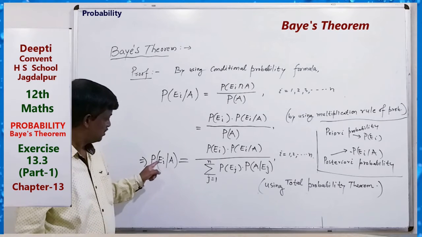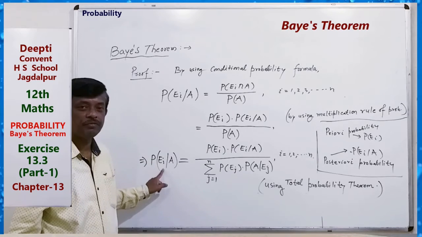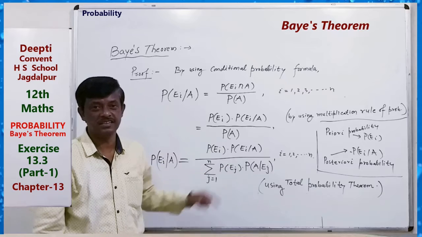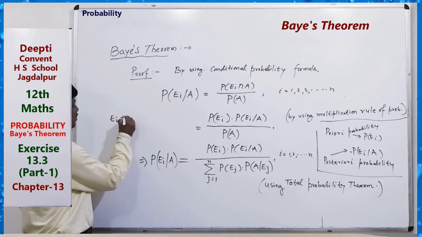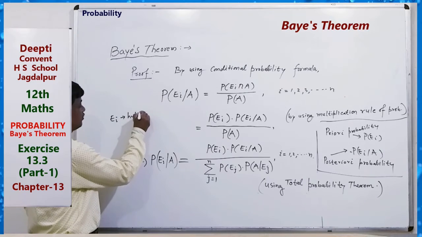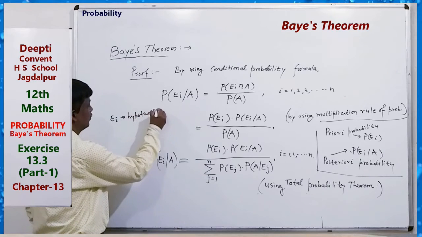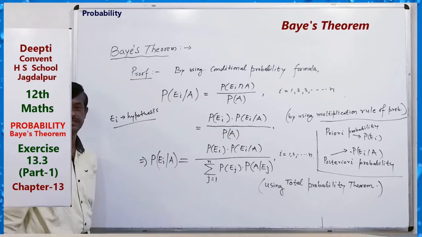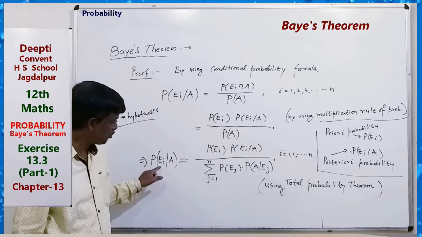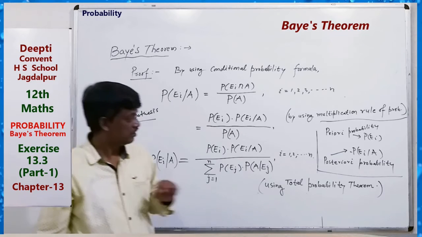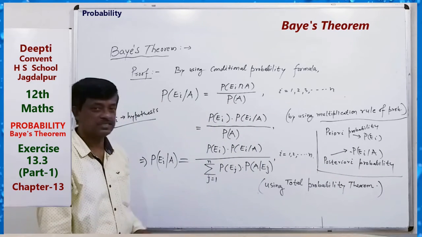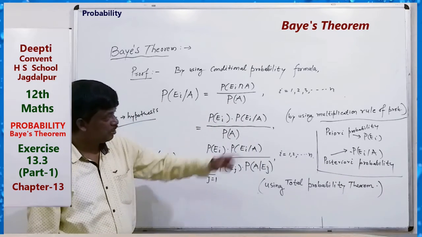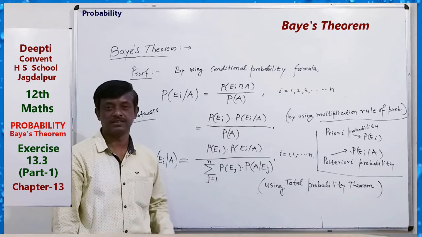What is this? The posteriori probability of hypothesis Ei. The posterior probability of the hypothesis is given by this, and the priori probability means only this.